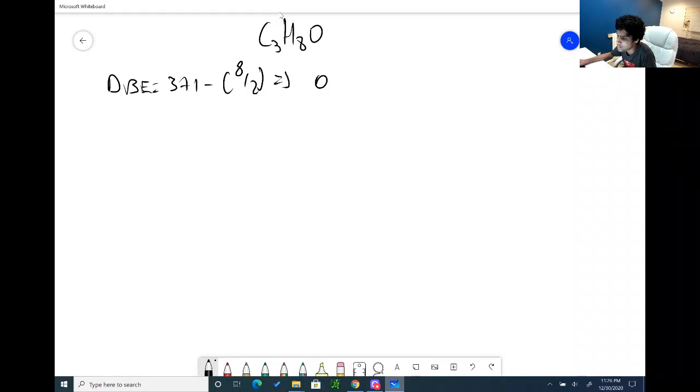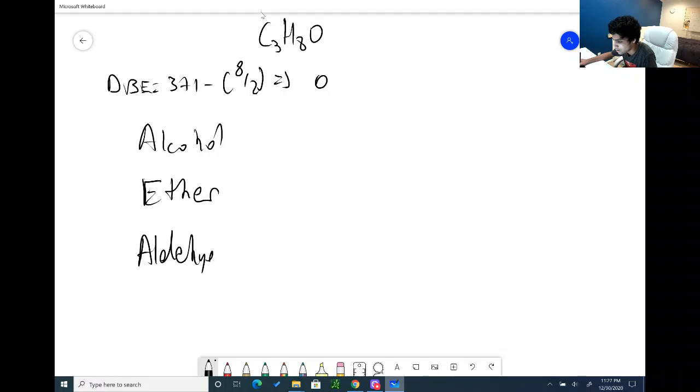So then you take into account the functional groups that involve an oxygen atom. These include an alcohol, ether, aldehyde, ketone, and then ester and carboxylic acid.